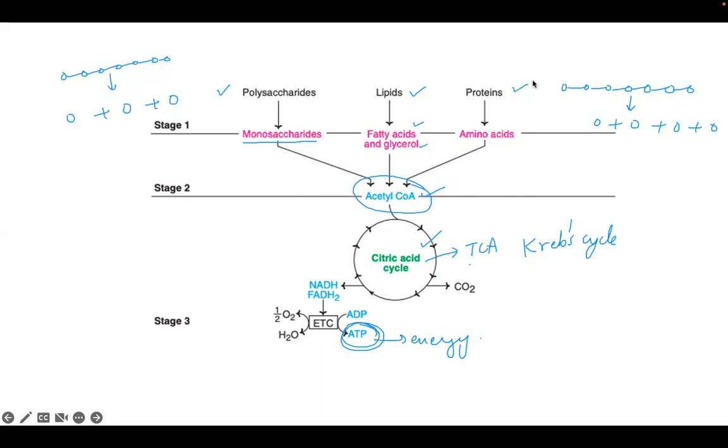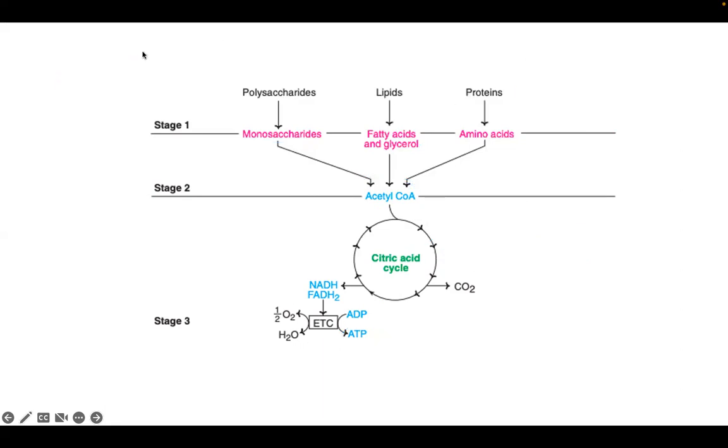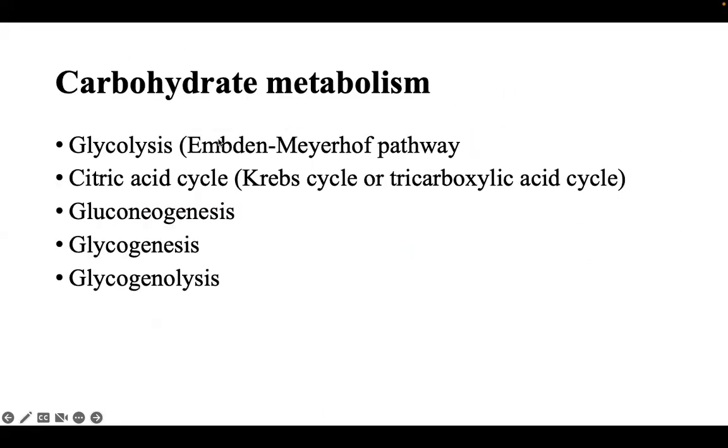Now, let's try to understand what exactly the major metabolic pathways are for the major macronutrients. If we talk about carbohydrate metabolism, the primary pathways include glycolysis, also known as the Embden-Meyerhof pathway.